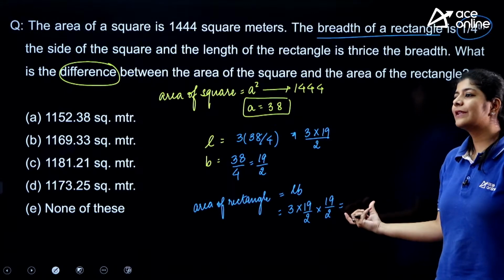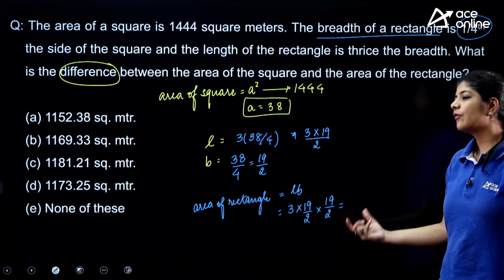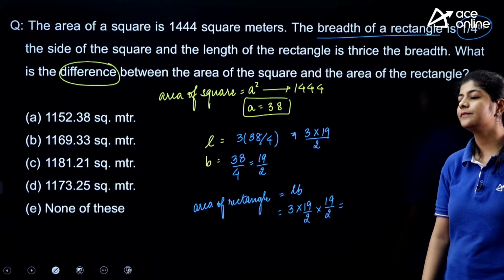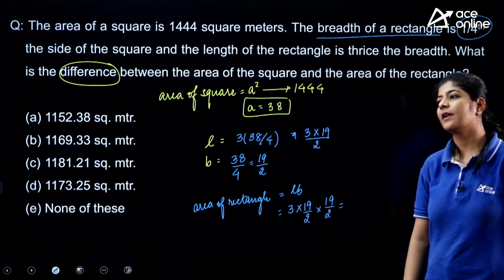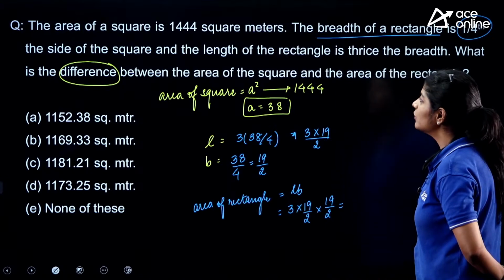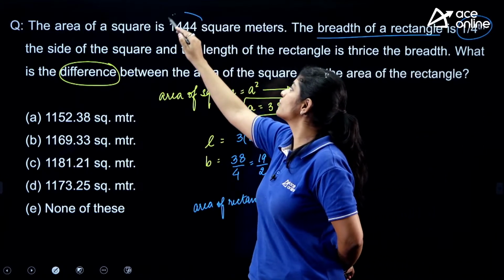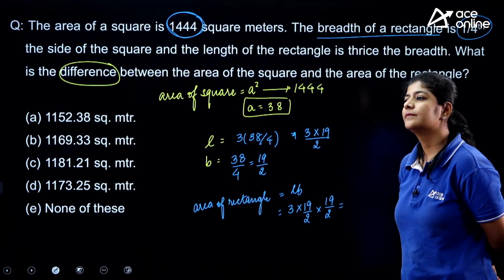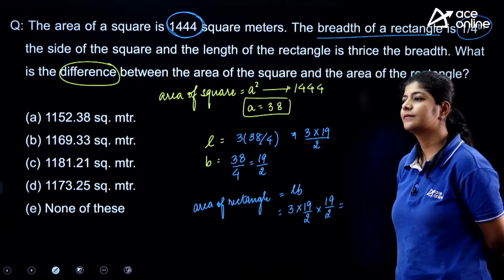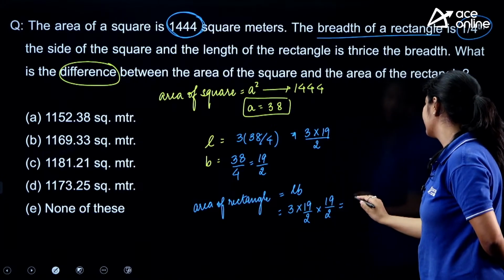Can anyone tell me this value? What is the area of the rectangle? Afterwards, as we are having the area of the square, we need to subtract that value from this one. 270.75, very good.